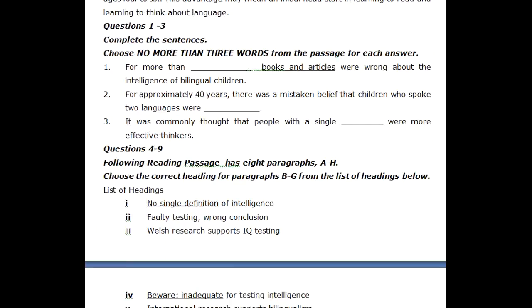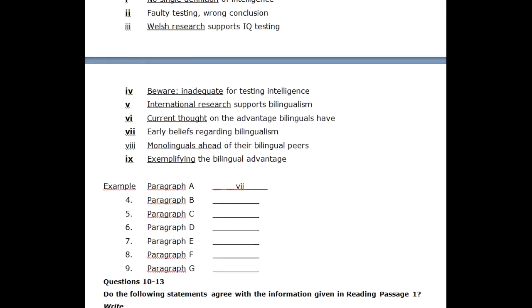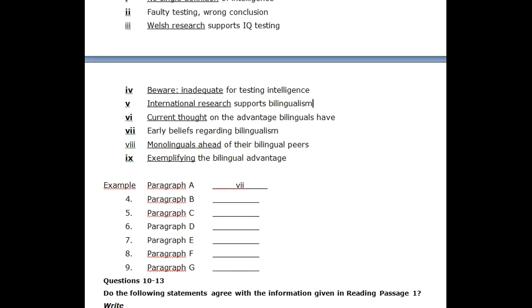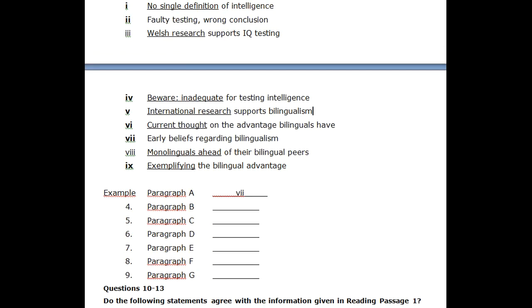G means I've got all the answers. Have I got all the answers? B, C, D, E, F, G. Yes, I've already got all the answers. So these two answers are nowhere. We have got all the answers. Sorry, it was a mix-up.